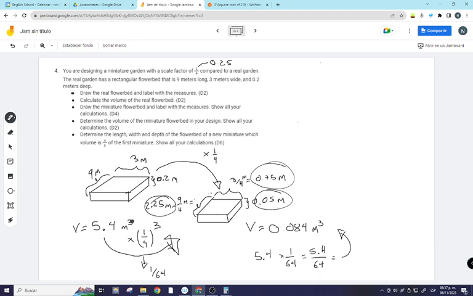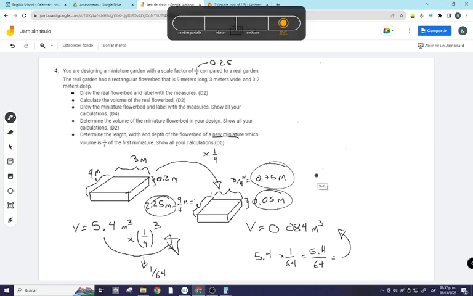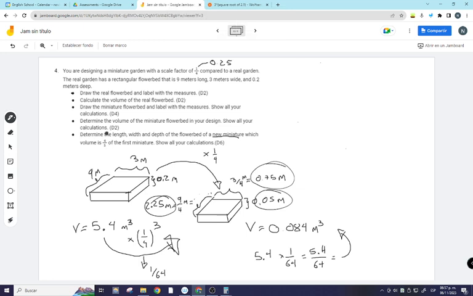Now, you had to determine the length, width, and depth of the flower bed of a new miniature. So there's going to be a third miniature, whose volume is 4/5 of the first miniature. So what's the first miniature? This one. So the volume is going to be 4/5 of that. If you multiply this by 4/5, you will get the new volume.